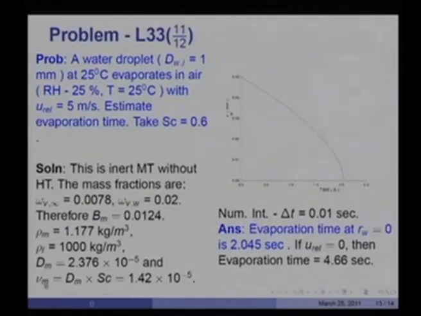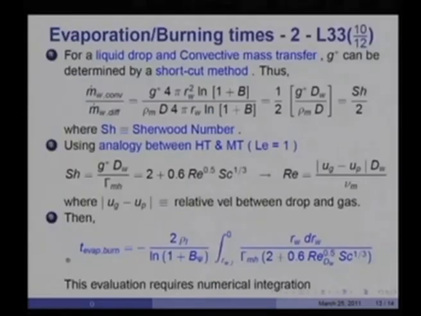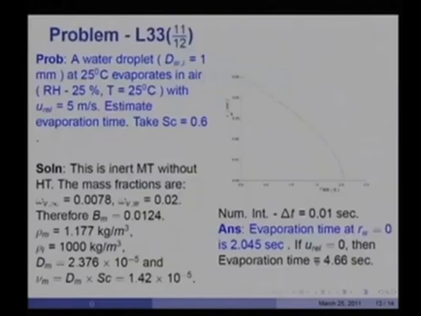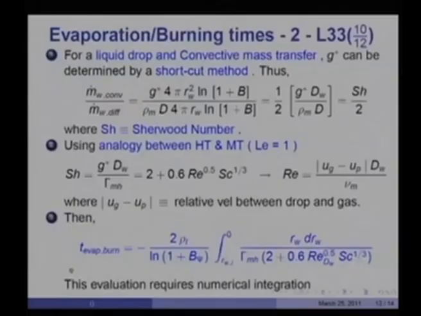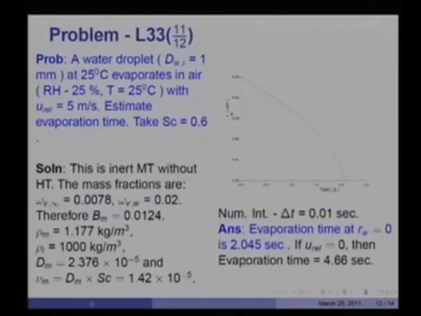So, knowing nu m and u relative, we can evaluate the Reynolds number that is required here in the Reynolds number expression, and dm, which is required here to calculate gamma h, because this is rho m times dm. So, we can carry out the numerical integration with time step 0.01 second.